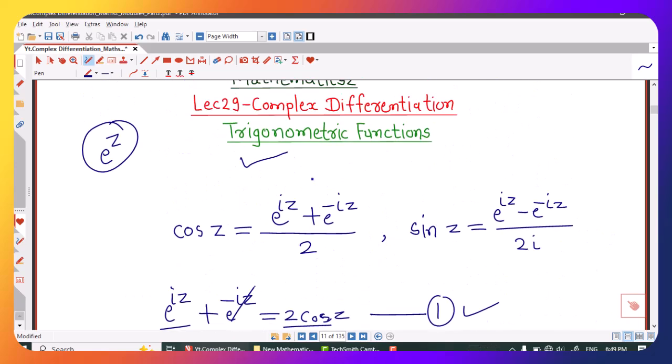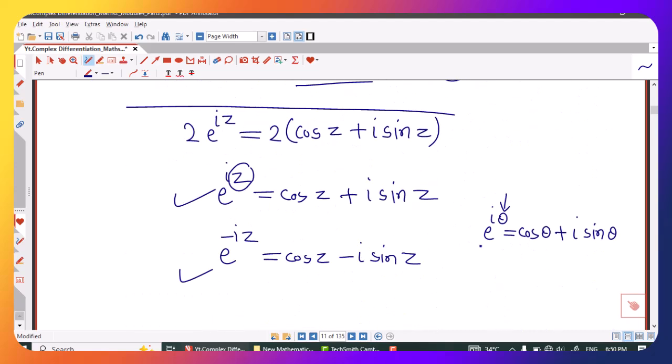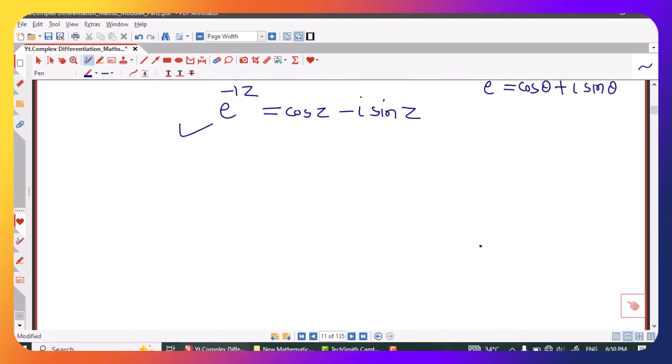So we will remember these definitions of cos z and sin z. We are using the complex exponential function to define complex cosine and complex sine, and the definitions for the other trigonometric functions are similar to the definitions in the case of real functions.